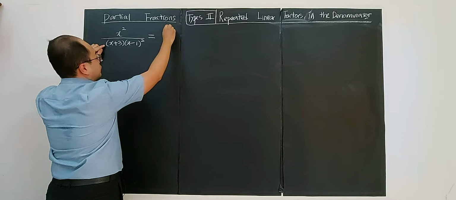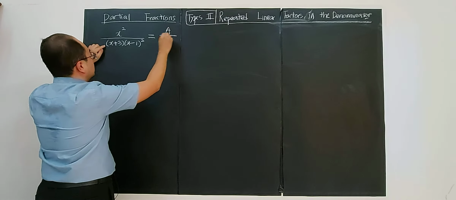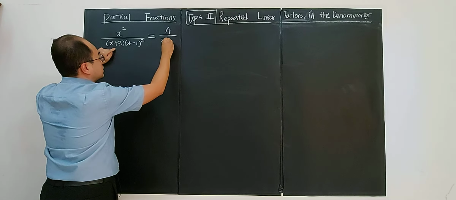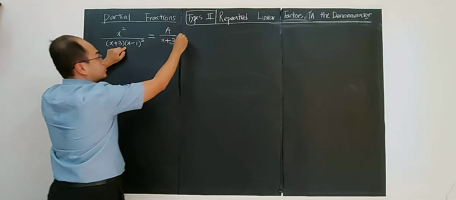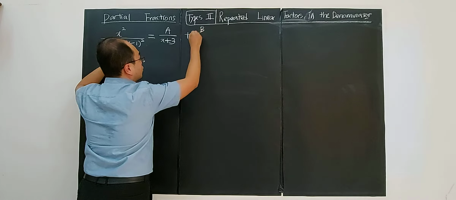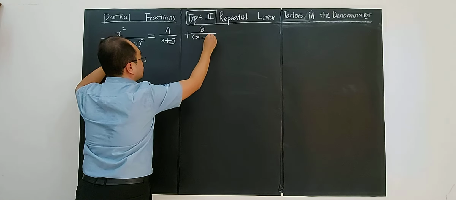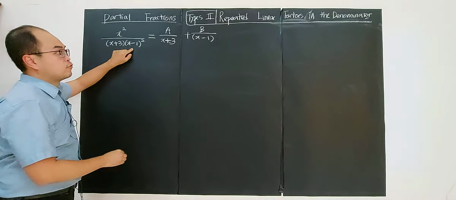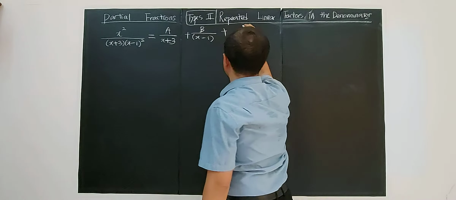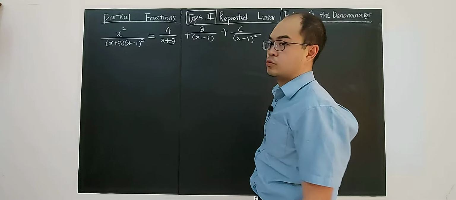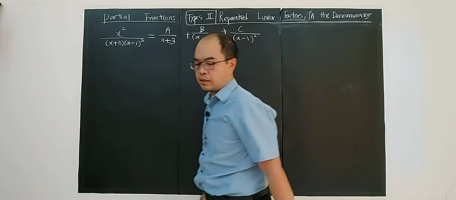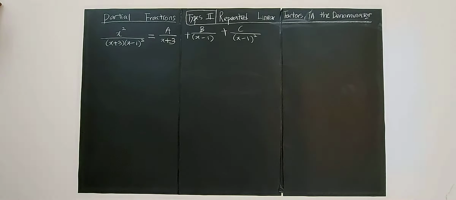So you can write A over x plus 3, which is a linear factor. And this is a repeated linear factor, so you write it as B over x minus 1 to the power of 1 first, followed by C over x minus 1 to the power of 2. It must be in this form. So this is the partial fraction for this rational function.